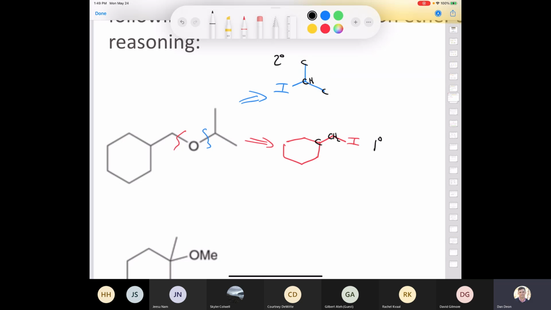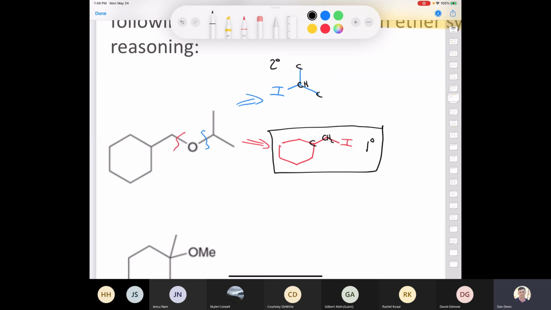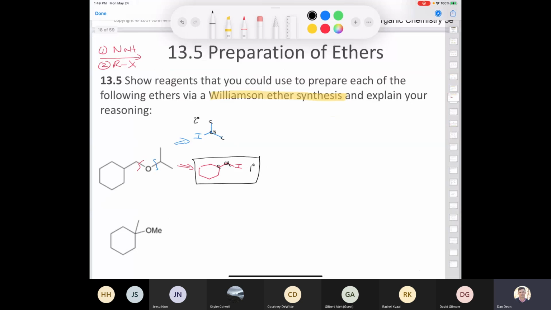And so remember that the Williamson ether synthesis is only going to work when our electrophile is either a methyl or a primary carbon. So we're going to want to go the route where the red compound is our electrophile. So how would we begin? We're going to begin with isobutyl alcohol.